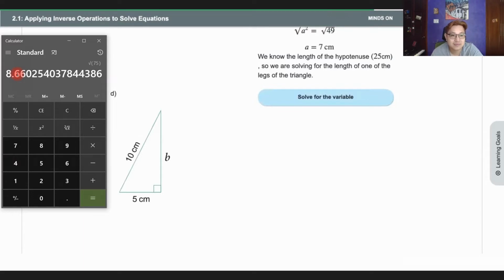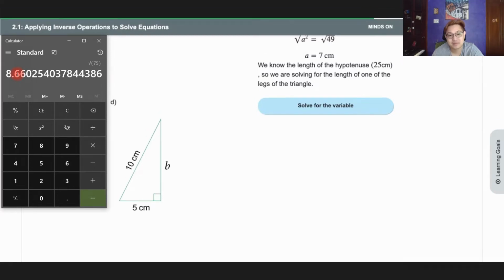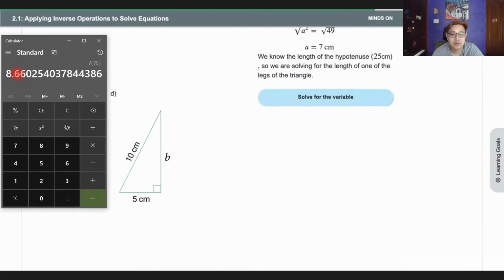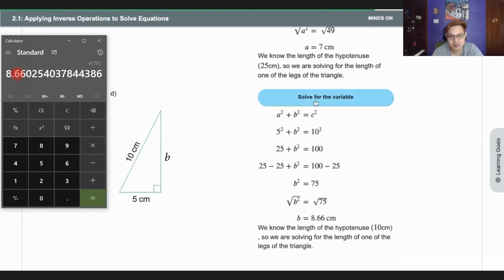So you just round it to the nearest. But the question here is how many significant figures should you round to? I think 10 and 5 is what they gave you. Let's see how many they chose.